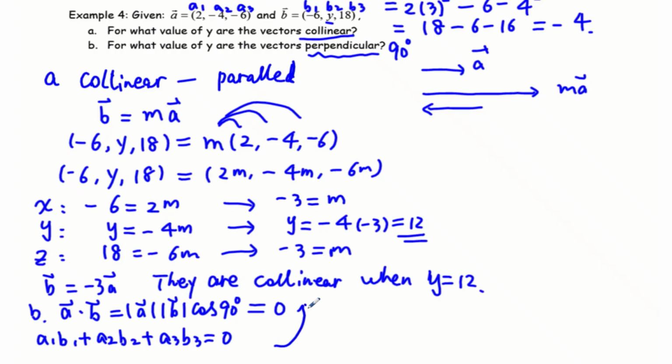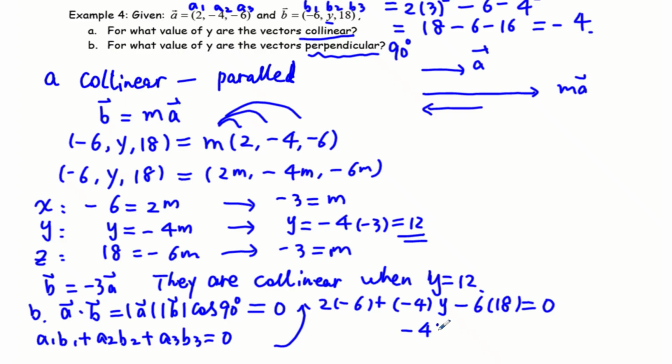So we are going to substitute in. It will be 2 times negative 6 plus negative 4 times y. And this is a separate question, so y is unknown. We have to find it. Plus negative 6 times 18 equals 0.